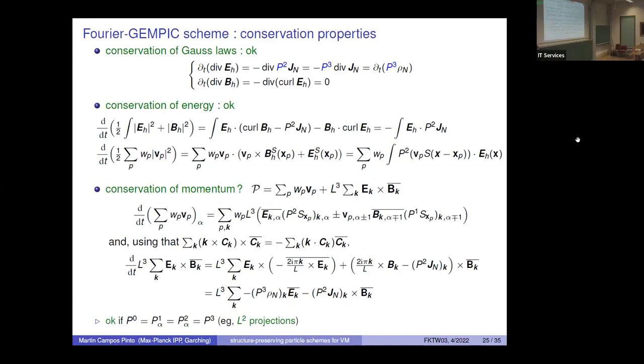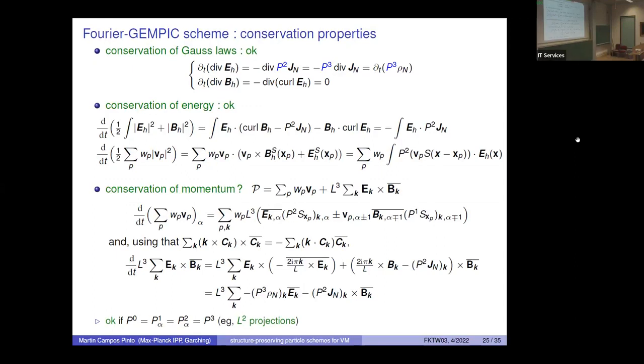Okay, when you do L2 projections to couple the sources in the Fourier spaces, then you will have a momentum conservation, and this is what happens with the particle in Fourier schemes. So the particle in Fourier schemes, they are variational, they are Hamiltonian, and they satisfy an exact conservation of momentum.